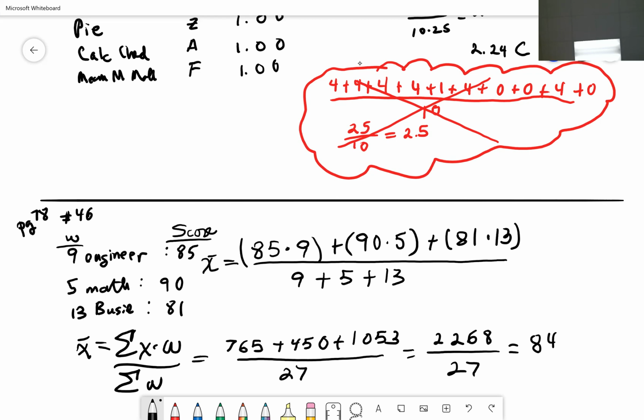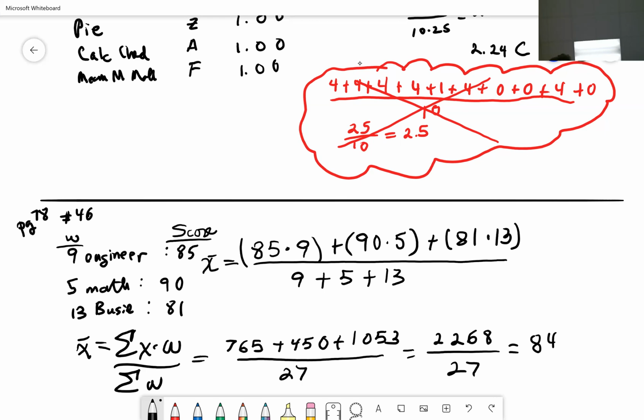Okay, so this is weighted mean, guys and gals. All right, so now we have another type of mean. So, oh wait, let me tell you something, and this I think is interesting.